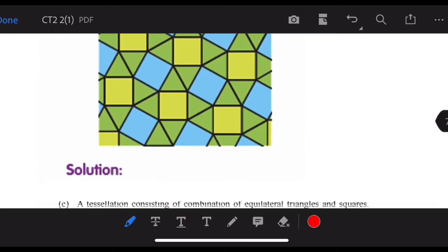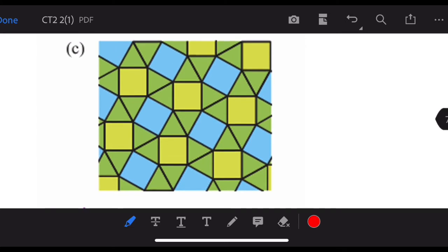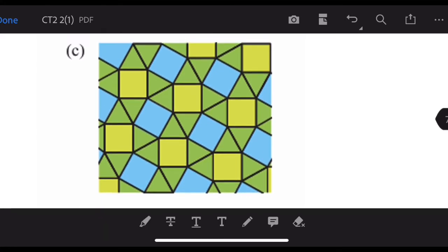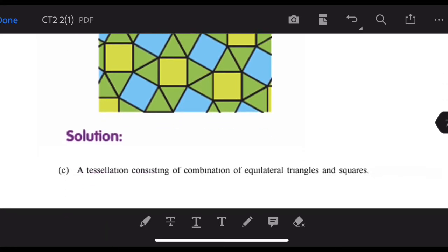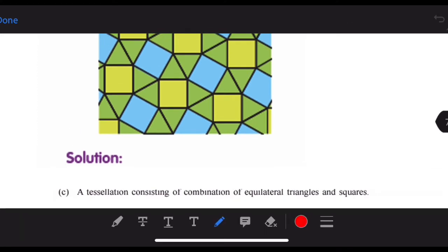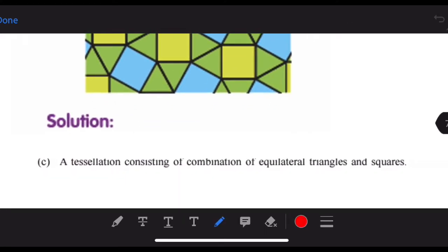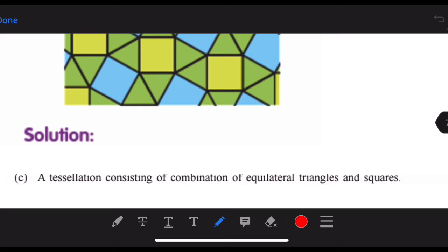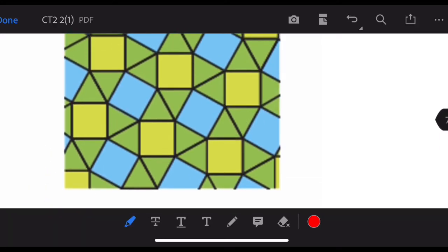So how about this one? Okay, let's study whether there is a repeating or recurring shape, and no spaces and no overlapping. Yes, it is a tessellation consisting of a combination of equilateral triangles and squares. You can see the squares, right?